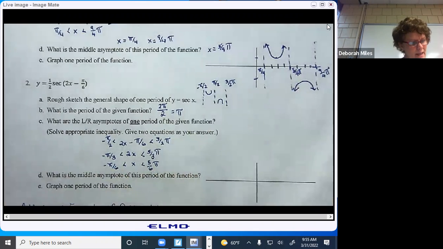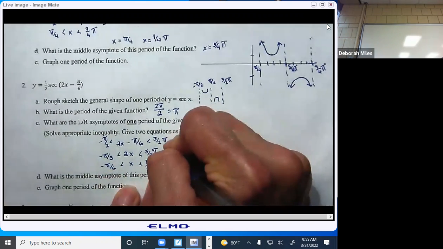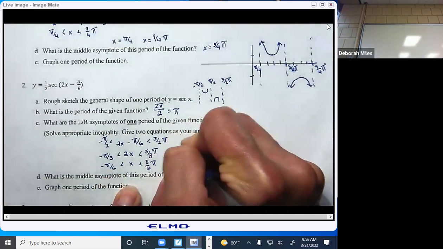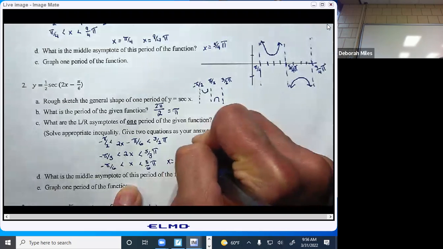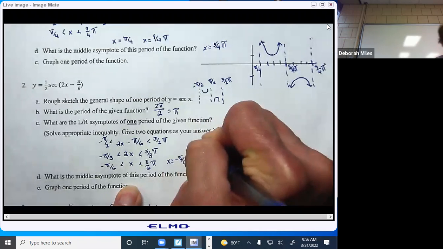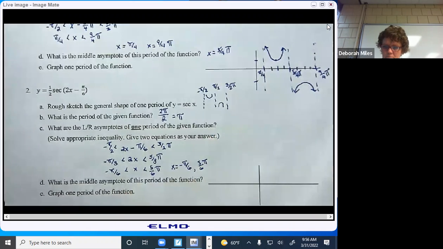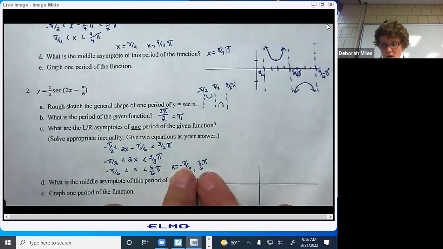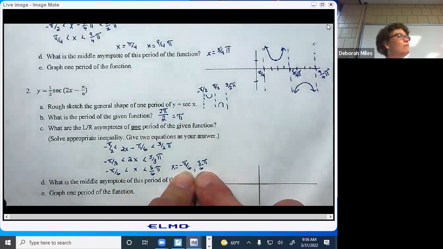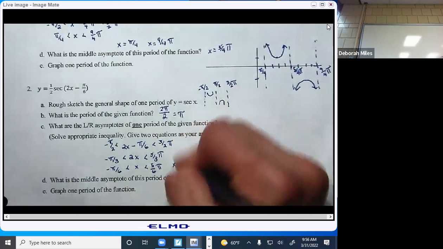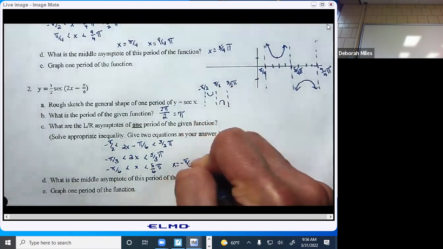If my left and right asymptotes are x equals negative pi over 6 and positive 5/6 pi, what's my middle asymptote? All right, and if I add those together, I get 4/6, better known as 2/3 pi. Divide it by 2, I get 1/3 pi. X equals pi over 3.